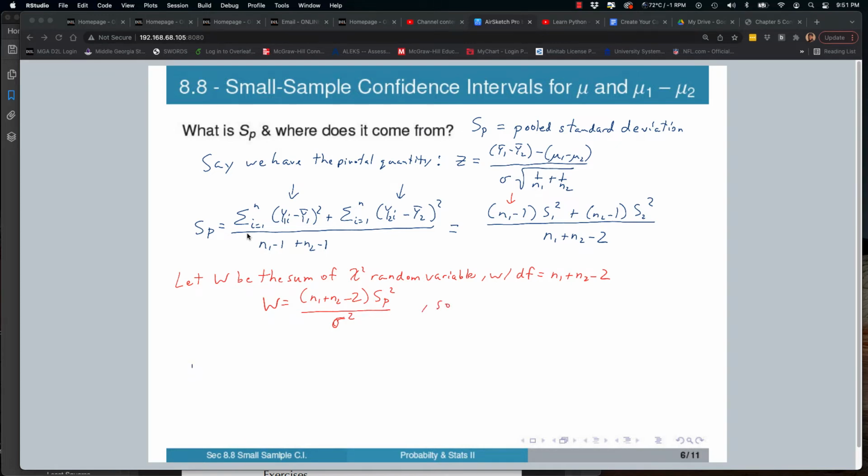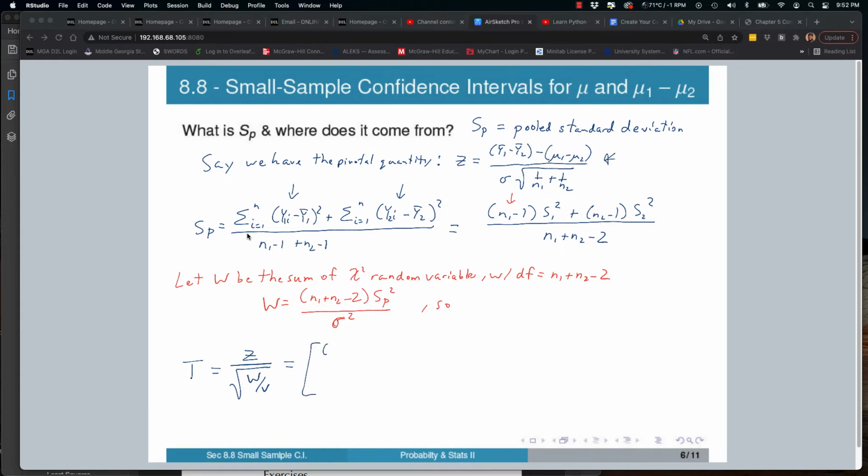So if we create a t interval out of this, recall the formula for the t was a z-score pivotal quantity divided by the square root of a chi-squared random variable with nu degrees of freedom. Okay. The top is just what we did up here originally.